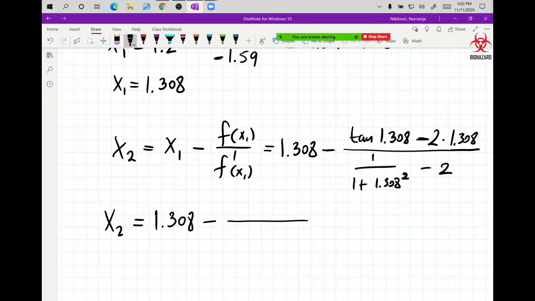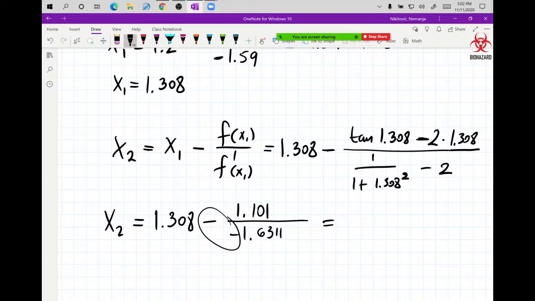So the top is 1.101, and the bottom is 1 divided by, open parenthesis, 1 plus 1.308 squared. And when I do that, I subtract 2. There we go. So that's going to be negative 1.6311.